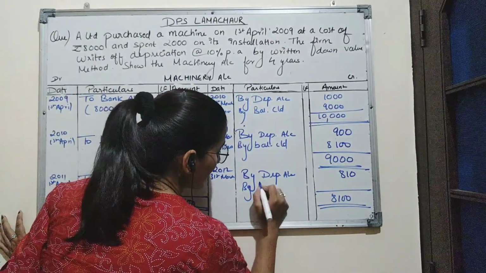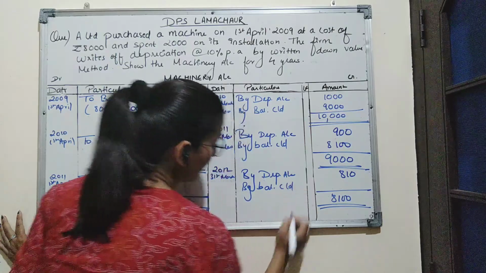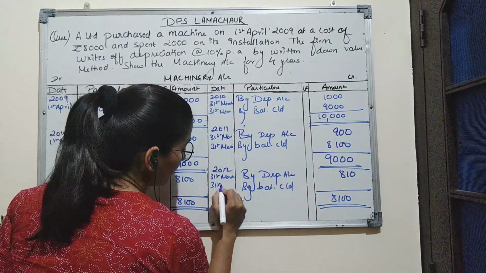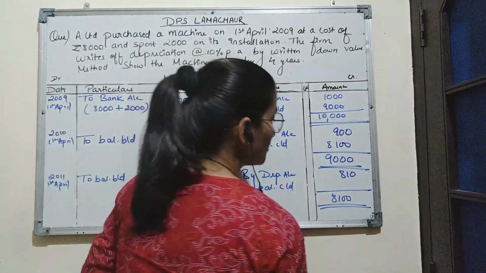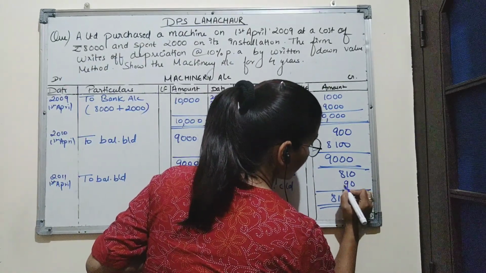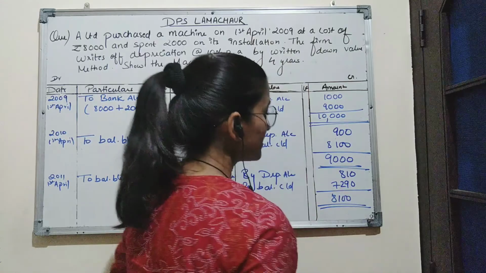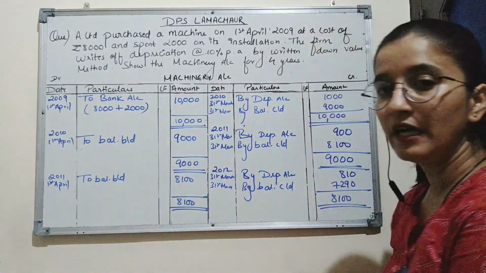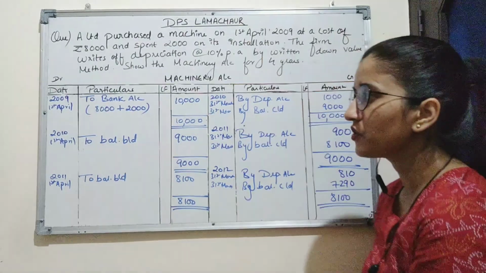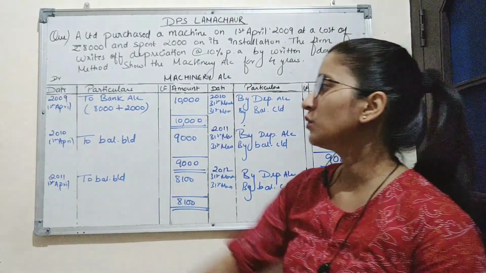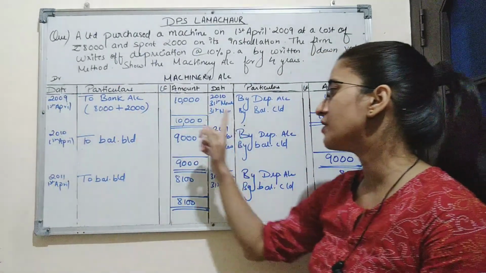The balancing figure is written as by balance carried down on 31st March. So the remaining amount here is 7,290.